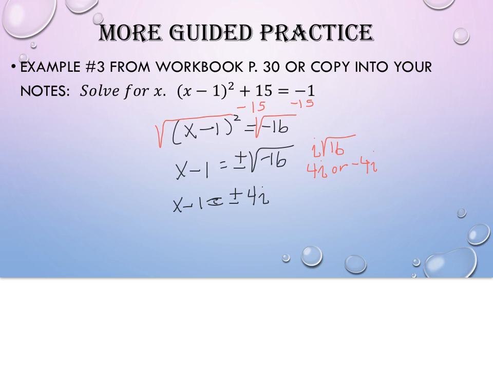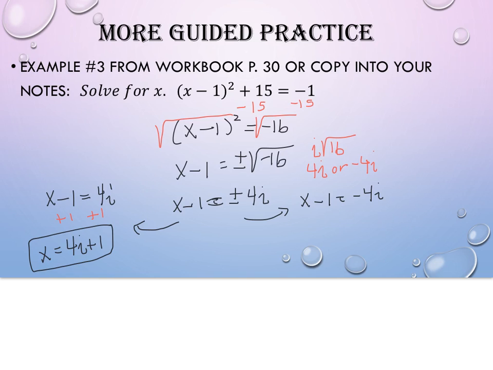Now, because I have two things going on, I have to have two different possibilities for equations. So I'm going to go two different directions. On this one, I'm going to have x minus 1 equals a positive 4i. The other side, I will have x minus 1 equals a negative 4i. And then we'll solve by adding 1, and you would get x equals 4i plus 1.